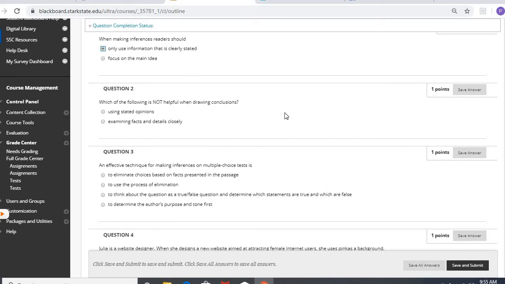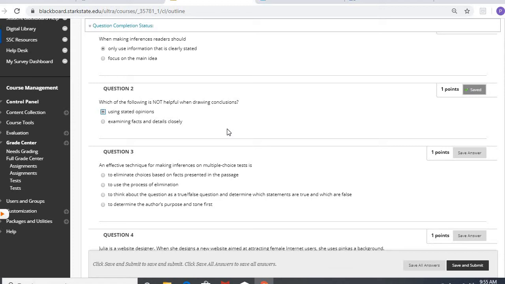Question 2, which of the following is not helpful when drawing conclusions? Well, using facts and details closely is helpful, which means that using stated opinions is not necessarily as helpful. Although I will say using opinions is helpful, it's just not as helpful as looking at the facts and details closely.